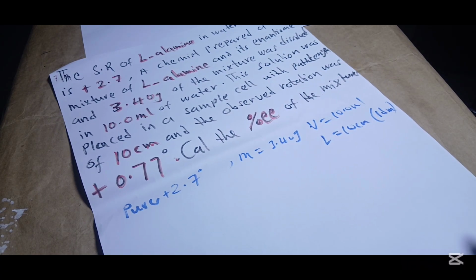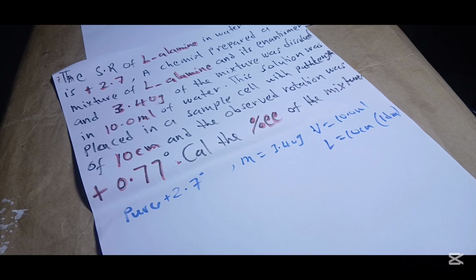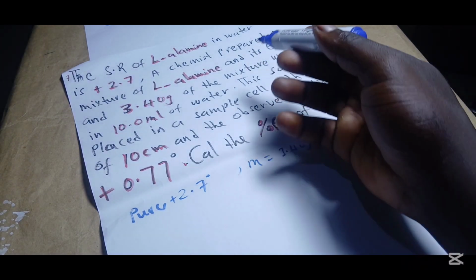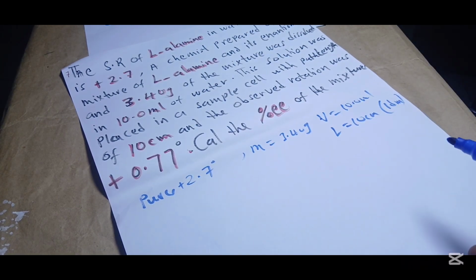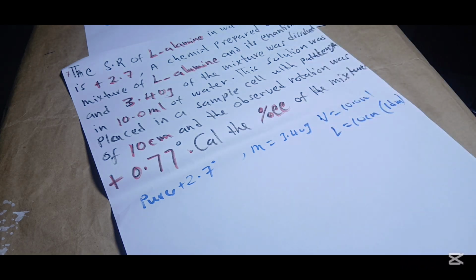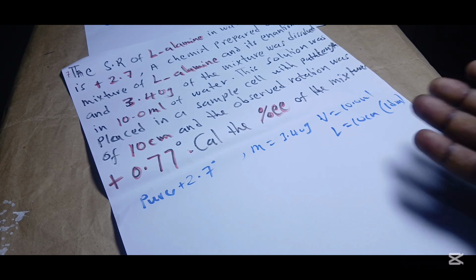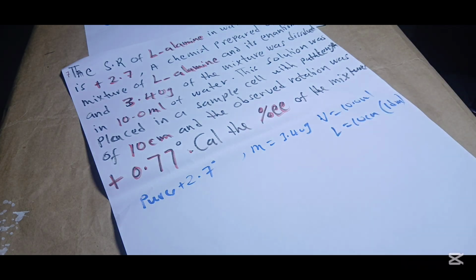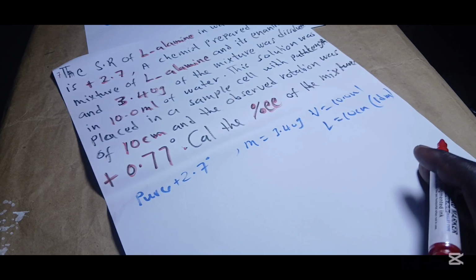Now what we want to know is that we know the pure specific rotation of L-alanine, but we don't know the specific rotation of the mixture that the chemist prepared. But we are given some values that can help us calculate the observed specific rotation of that mixture.